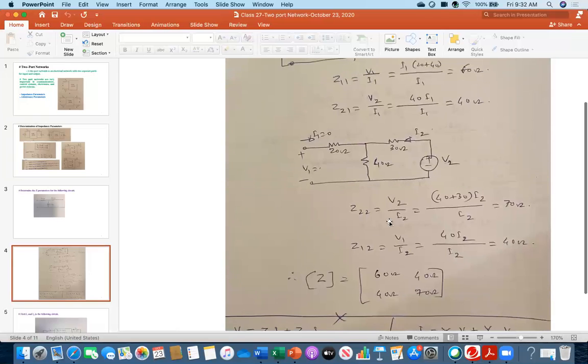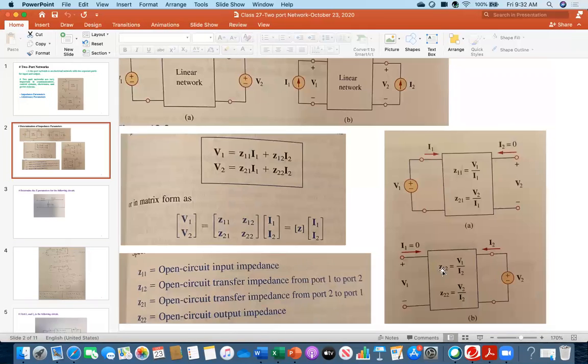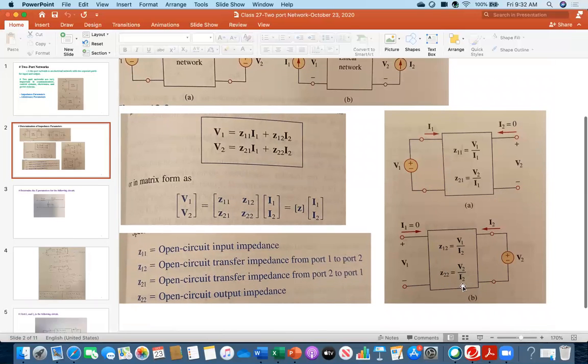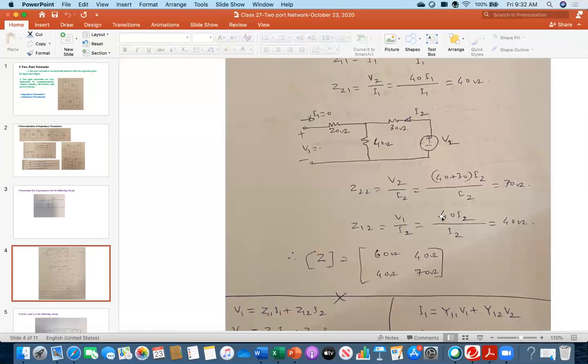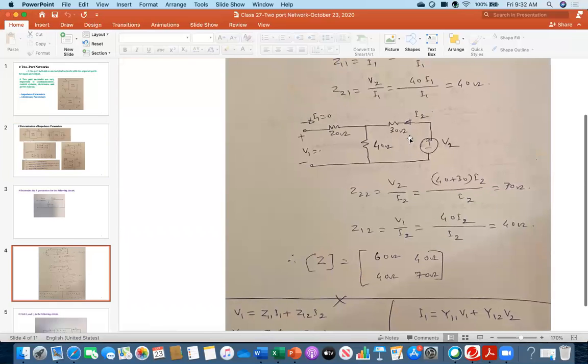Now, what is G22? V2 over I2. How do I get that? From this one: G22 is V2 over I2 and G12 is V1 over I2. Now look at this network. What is my V2? This time current is flowing. Again, this side is open, meaning I1 is 0, so no current is flowing through 20.